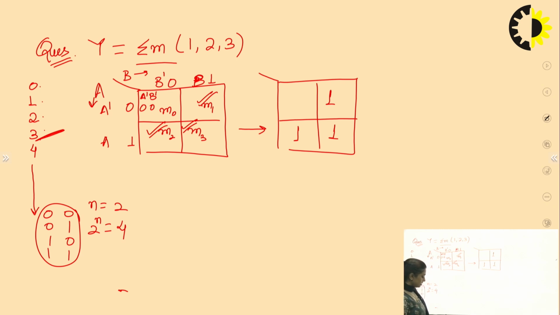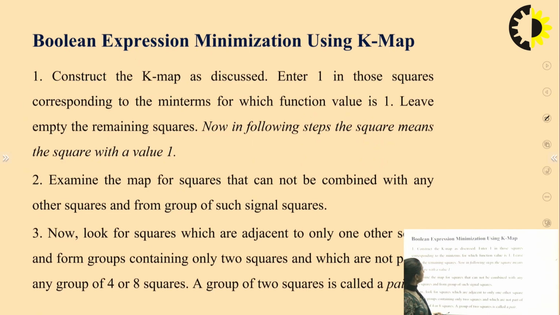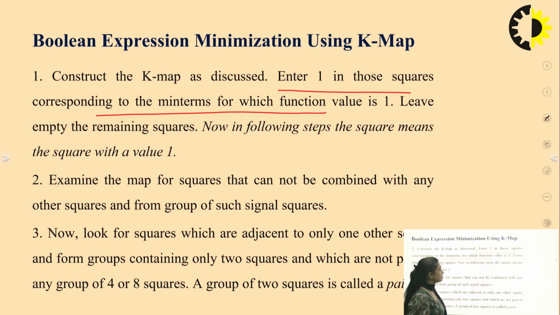So there's related theory. I would like to go through these points, how you solve it, although I could have done that that very same moment. We'll have to make pairs of 1. Enter 1 in these squares corresponding to the minterms for which function value is 1. We did that. Now leave empty the remaining squares. We did that.